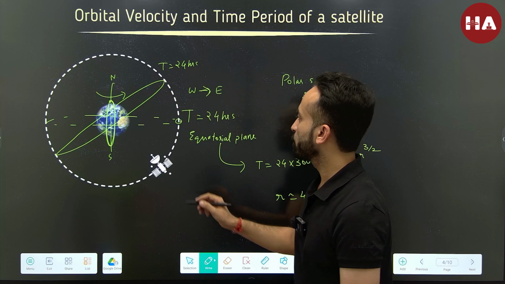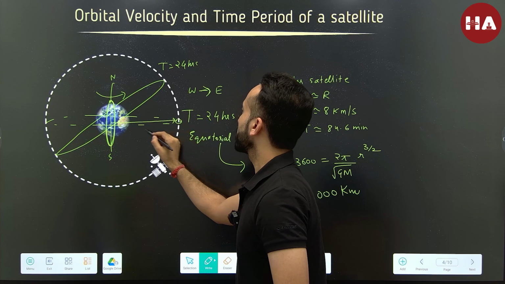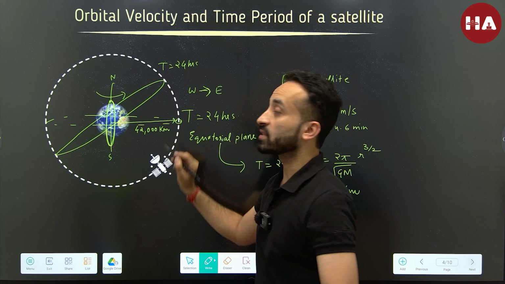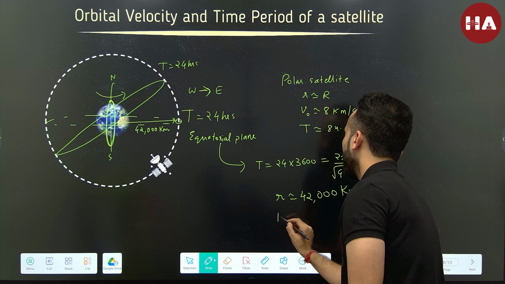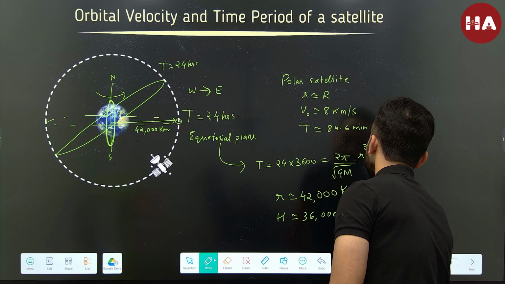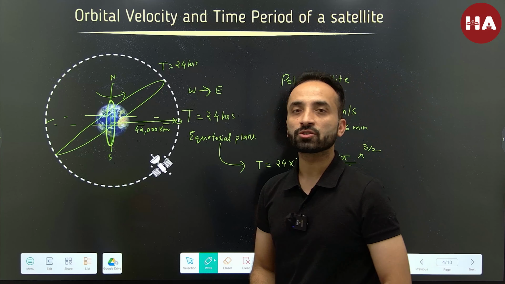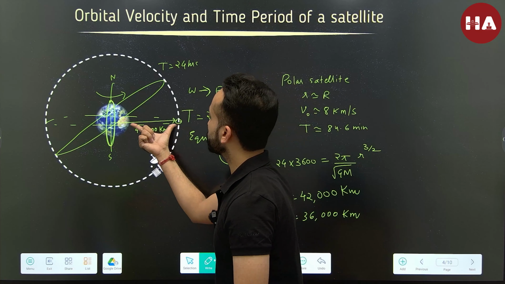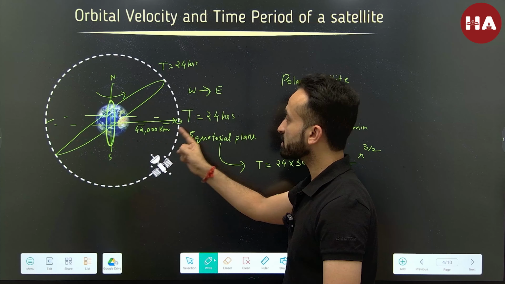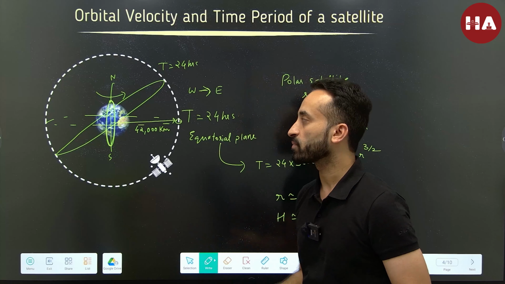These geostationary satellites lie at a distance of 42,000 kilometers from the center. So their height is approximately 36,000 kilometers. When I say height, I always mean the distance from the surface, while when I say radius, I always mean the distance from the center.